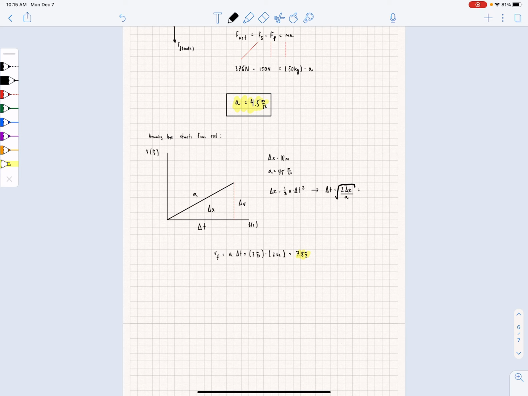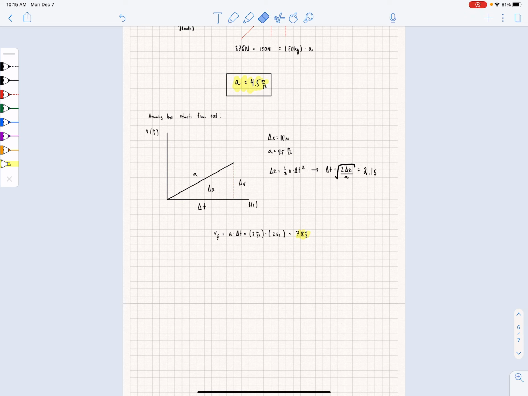That's about 2.1 seconds, and therefore the time changes. That also changes the final velocity: the acceleration of 4.5 meters per second squared times 2.1 is roughly 9.5 meters per second.